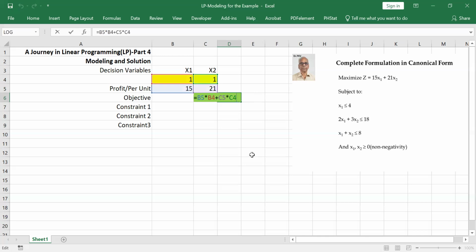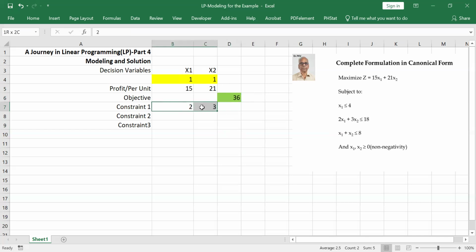Then I write here constraint 1 coefficients first. What is the formula here? Sorry, the first constraint is the sales constraint. Because the coefficient of x1 is 1, I write here 1.